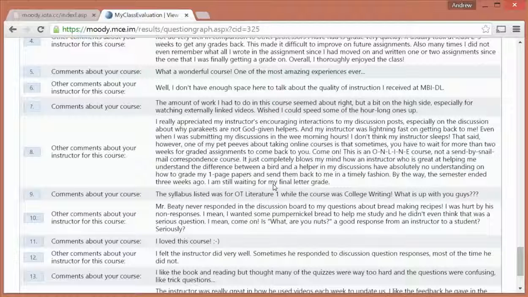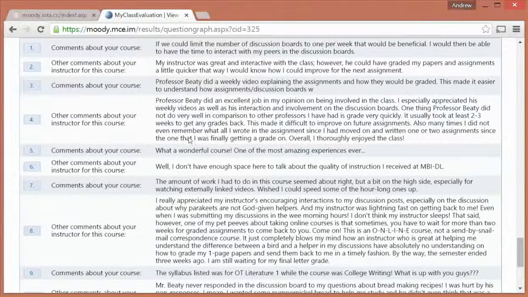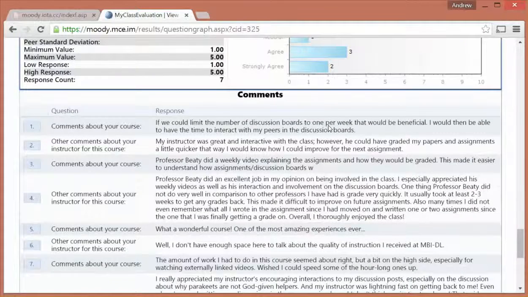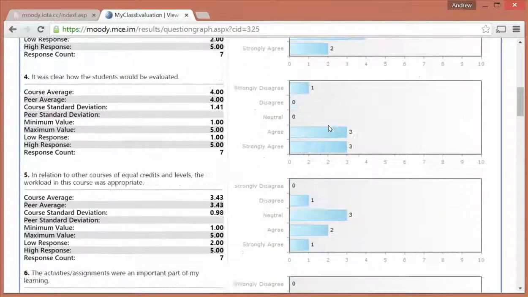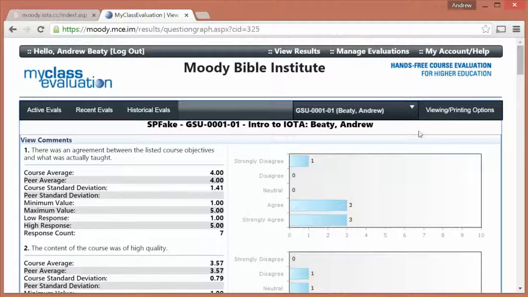Maybe not the general opinion at all, but it's still something that I should take note of and say, I wonder if I could improve on that in some way in my upcoming class. And so again, the big thing here is to look for the themes, both positive and negative, and keep doing better at the things that you do well, and where students have some criticisms or complaints, see if there are ways that you can improve those.